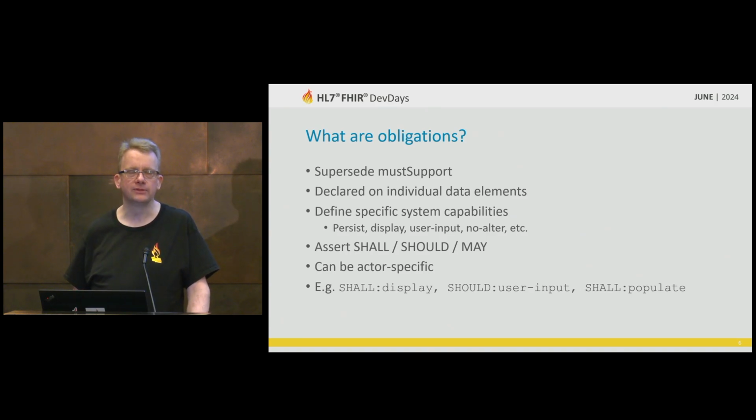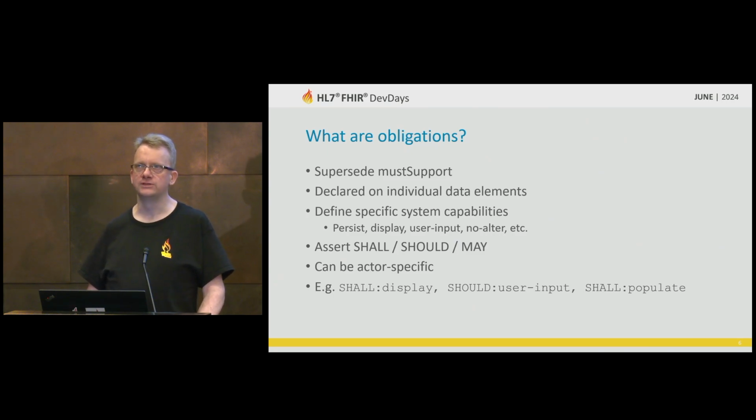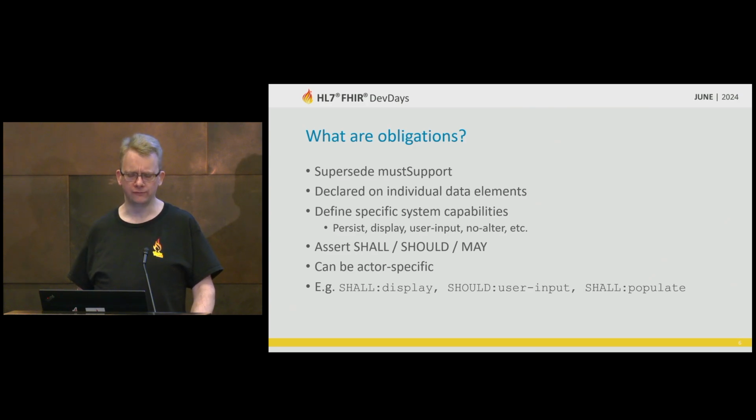Obligations are something that was introduced as an extension alongside R5, and it was a reaction to a lot of feedback we had about the must support element on element definition, where must support talks about what are the expectations we have for systems that are sort of outside of what the data structure itself says.